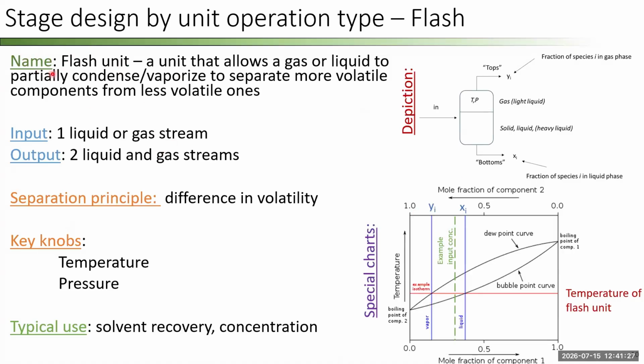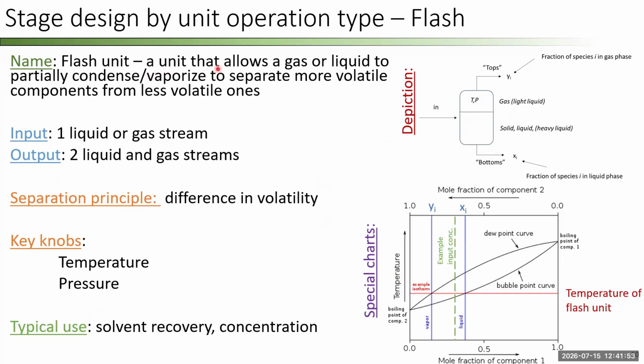Up here, I'm going to have the name and a little description. I'll talk about the inputs and outputs, the key separation principles, the knobs that we, as the person designing or optimizing the process, can turn, and the typical use case in herbal extractions. I'm going to show a depiction up in this upper right-hand corner, and then we'll talk about special charts that we can use.